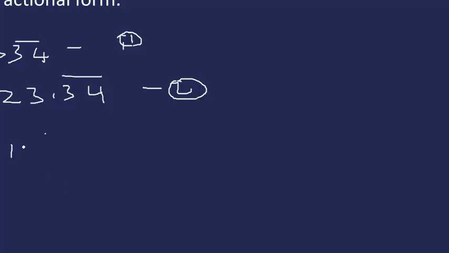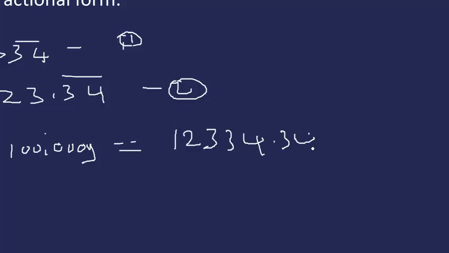This implies that we have 100,000y equal to 12334.34 recurring. So this is our equation 3.